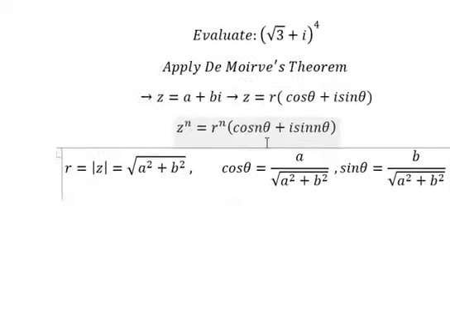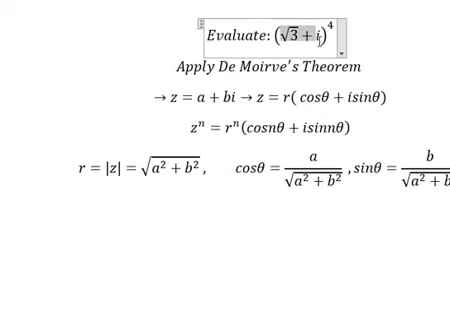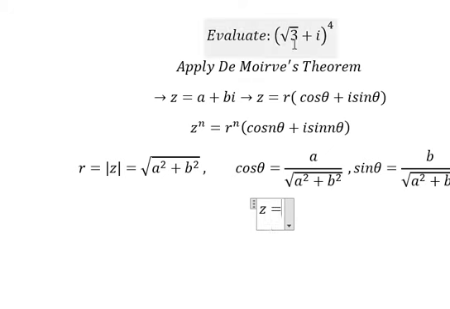Now in this situation, z equals the square root of 3 plus 1i.